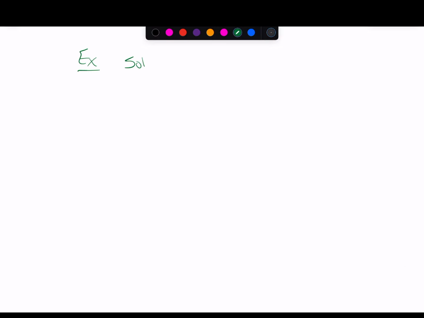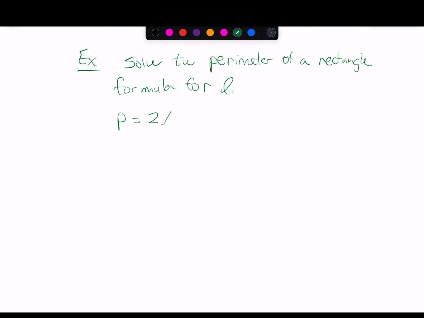Let's solve the perimeter of a rectangle formula for L. Well, remember, P is equal to 2L plus 2W.